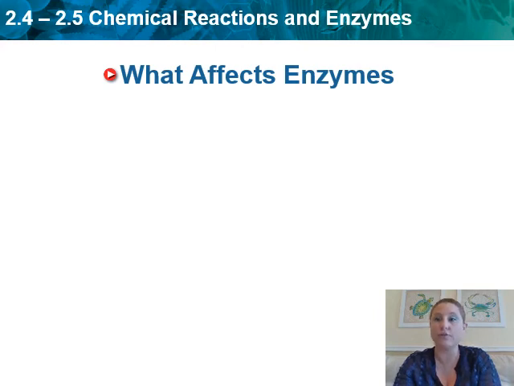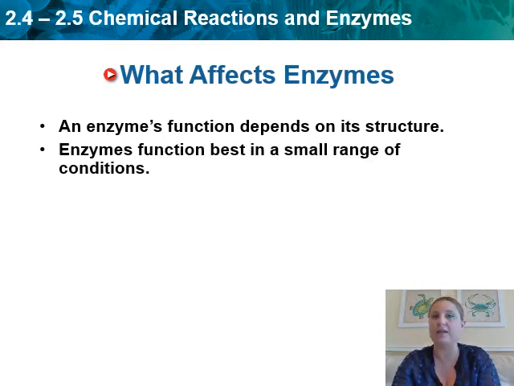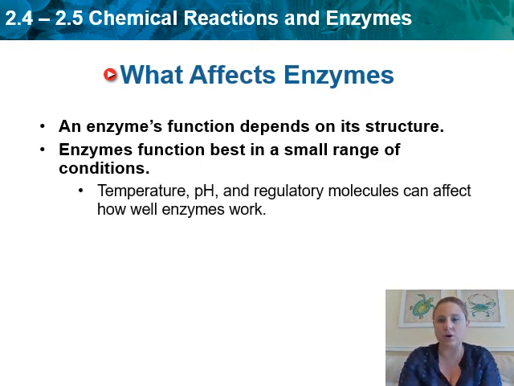Okay, so there are a few things that can affect enzymes, all right? Remember, we learned that the structure of something determines the function, the job it does. And because enzymes are proteins, if they're not the right shape, if they're not built the right way, they cannot do their job. So an enzyme's function depends on its structure, and they only function in a small range of conditions. It has to be very, very specific. Some things that can change the way an enzyme works are the temperature.